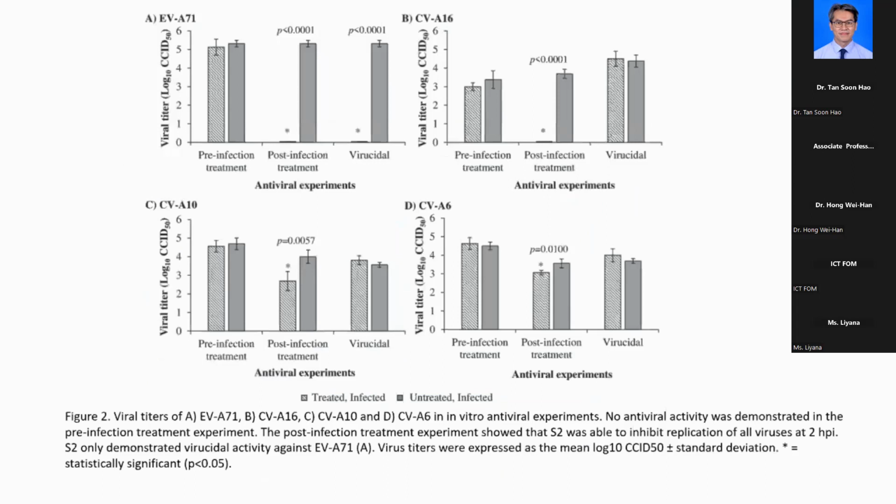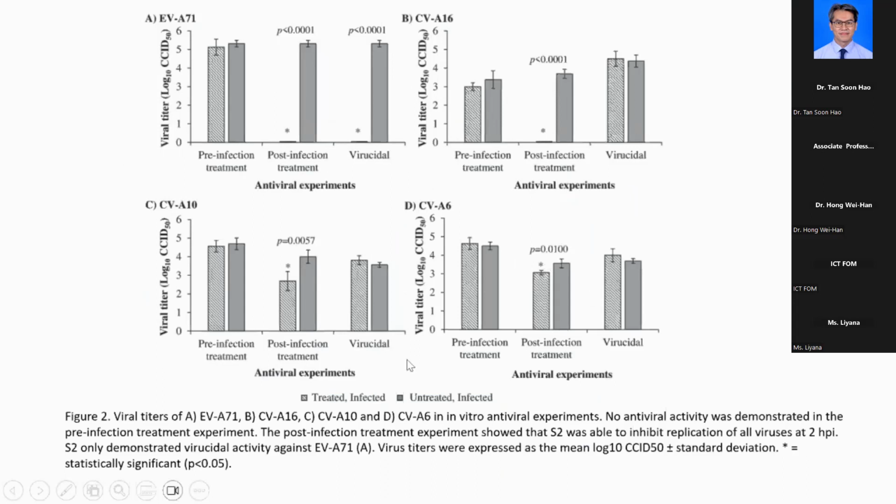The results show, as you can see in this figure 2, that enterovirus A71 shows a good antiviral effect in the post-treatment and virucidal experiments. CA16 shows only post-infection treatment, CAV10 only post-infection treatment, and CAV6 only post-infection treatment.